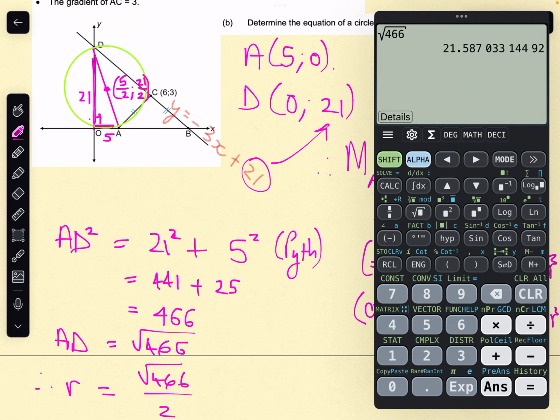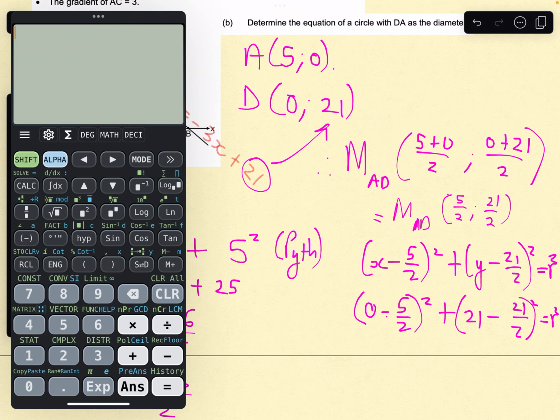And then of course our calculator, which has been waiting to show up. Squared plus 21 minus 21 over 2, and we square that one as well, right? And then that gives us our R squared, which is 116.5. And yeah, potatoes are potatoing as a result.